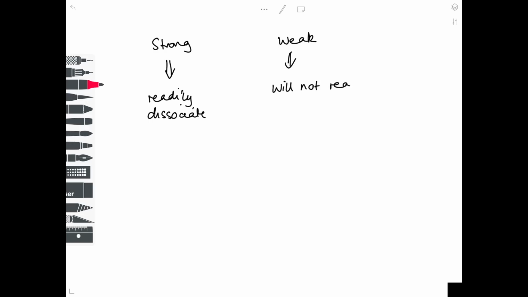Looking at the bases now, the strong and weak bases, luckily it's incredibly similar to what we've just learnt with the acids. You can pretty much say the same thing, which is that a strong base will readily dissociate. A weak base will not readily dissociate.